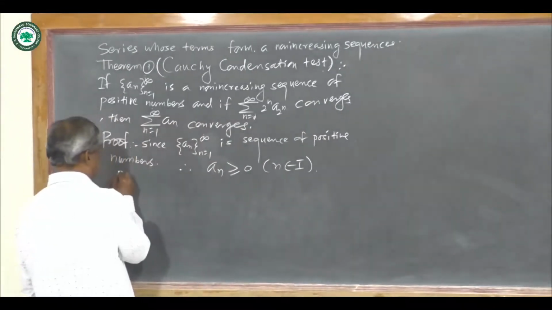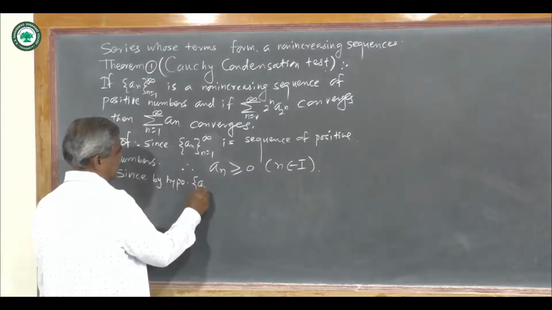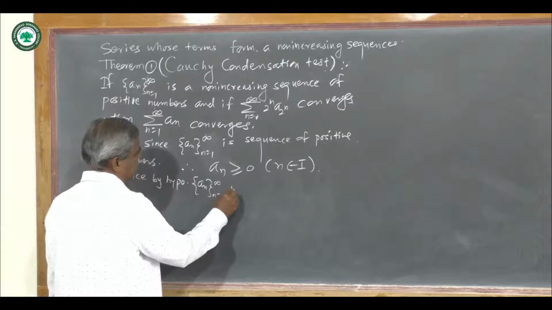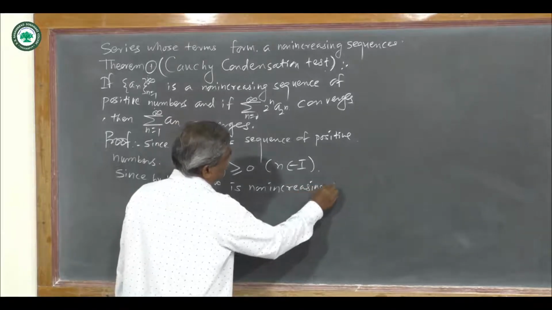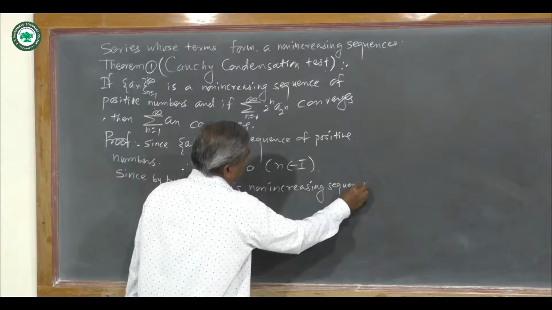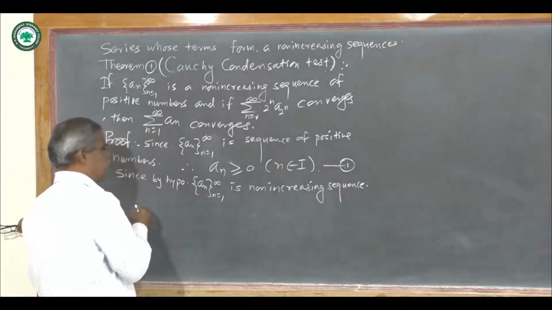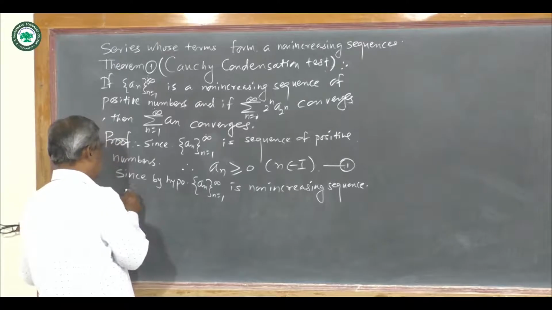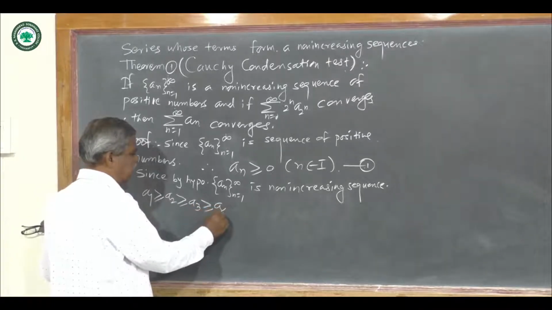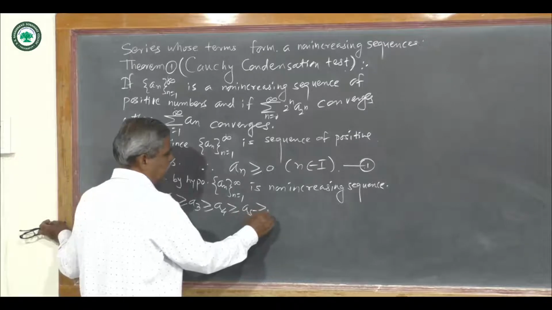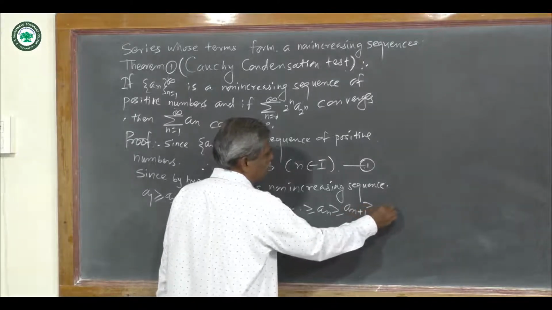Since by hypothesis the sequence a suffix n, n is equal to 1 to infinity, is a non-increasing sequence, therefore, by definition of non-increasing sequence, a1 is greater than or equal to a2, a2 is greater than or equal to a3, a3 is greater than or equal to a4, a4 is greater than or equal to a5, and so on. an is greater than or equal to an plus 1, and so on.